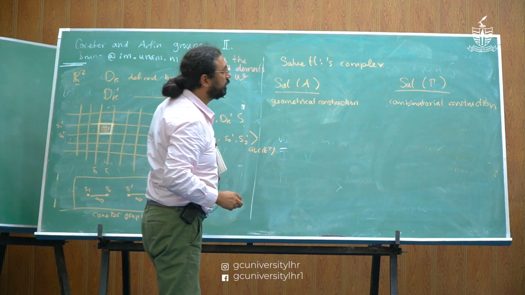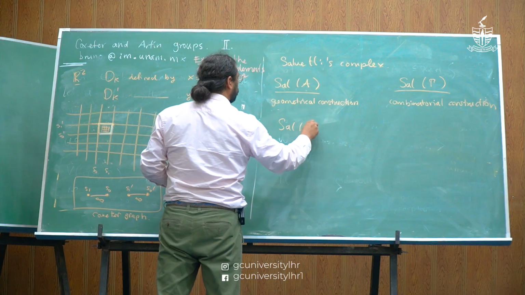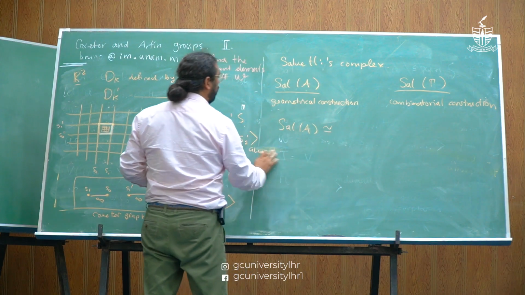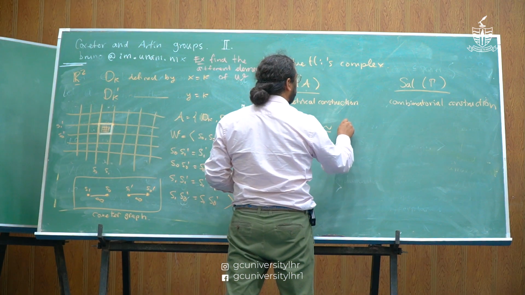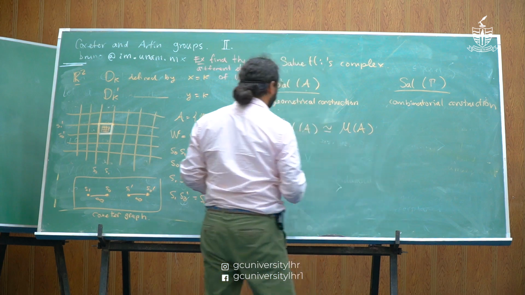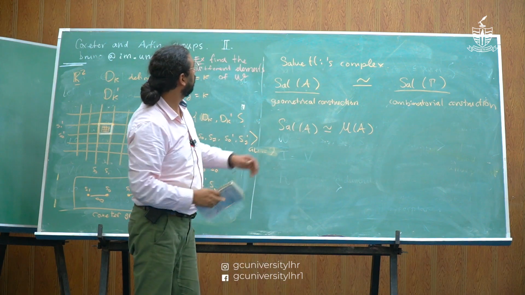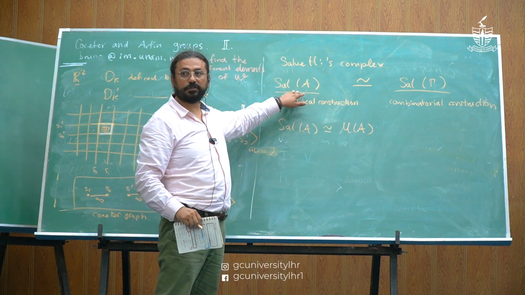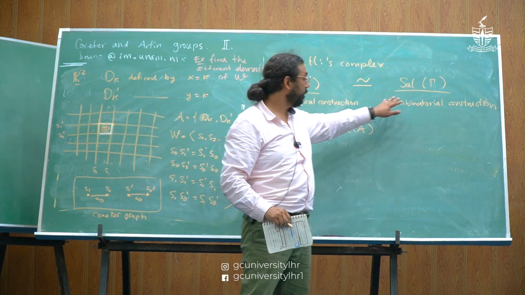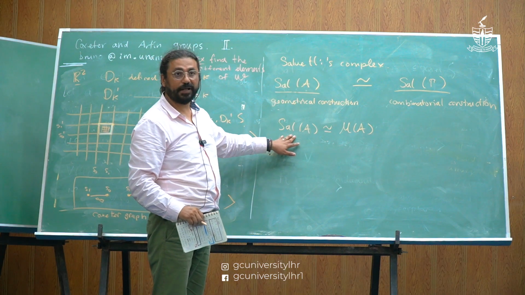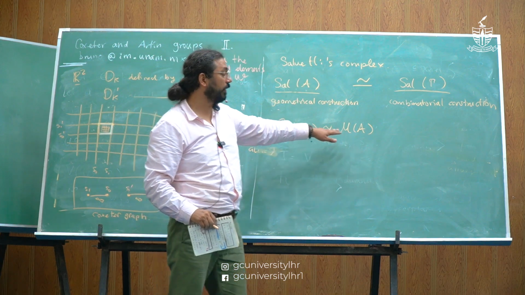And why is the Salvetti complex important? Because the Salvetti complex has the same homotopy type as the space we want to study. First we will see the construction in the geometric sense, then in the combinatorial way, and we will see that in fact the Salvetti complex has the same homotopy type.